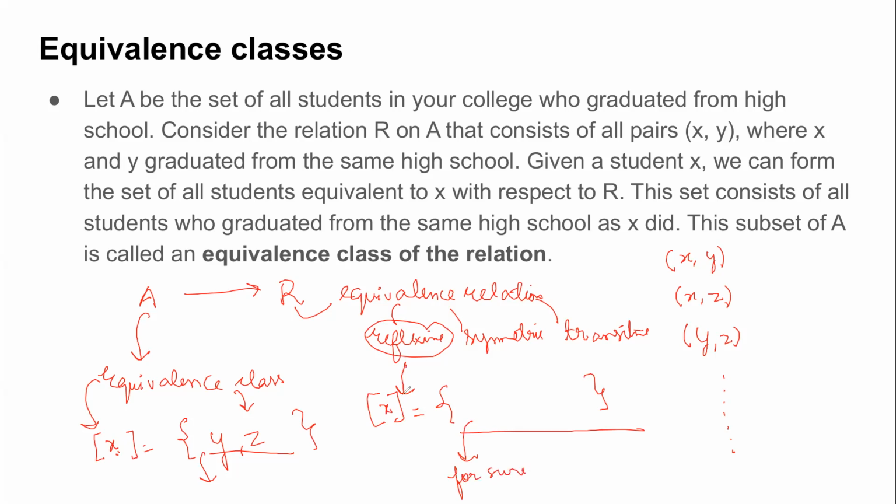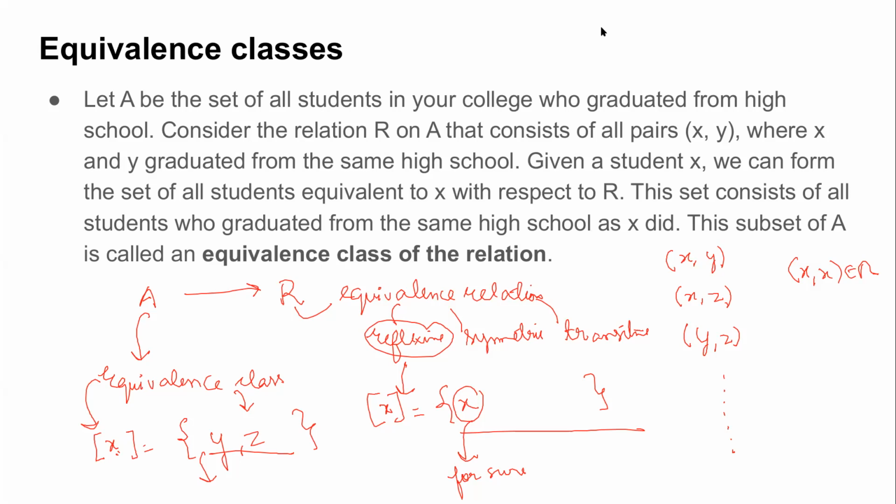Excellent, Usad. X. Why? Because equivalence classes are defined on an equivalence relation, and we know an equivalence relation is reflexive, so we know for sure (X, X) is always in R. So we know for sure one of the elements in the equivalence class of X is X itself. Is this clear? Does this make sense? Because of the reflexive property.